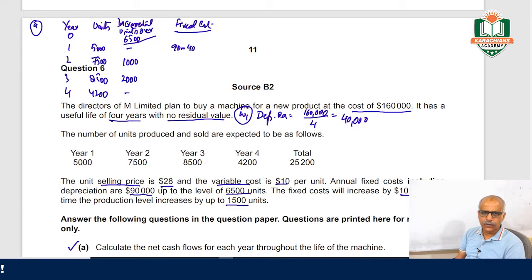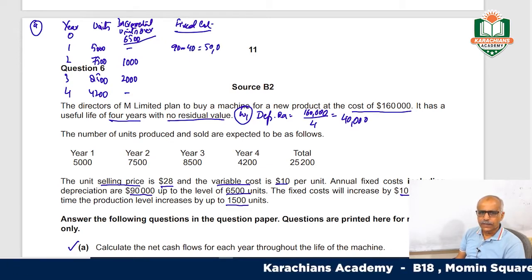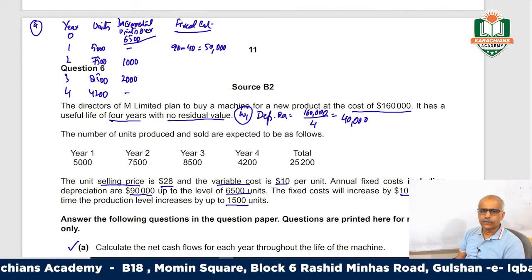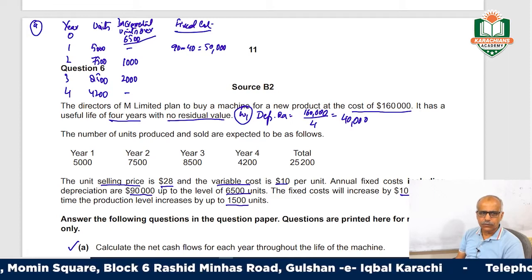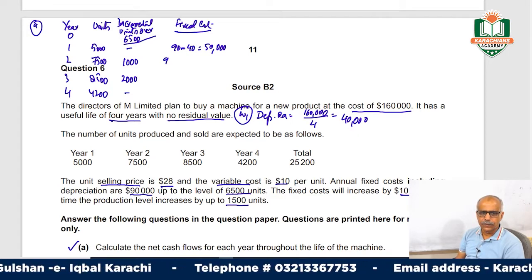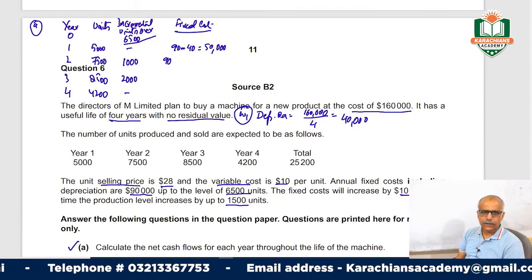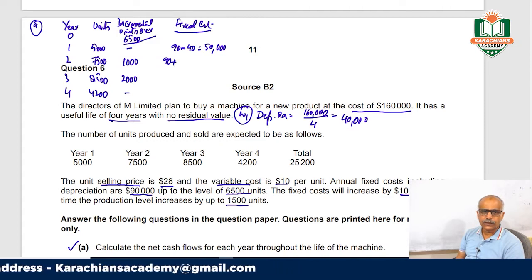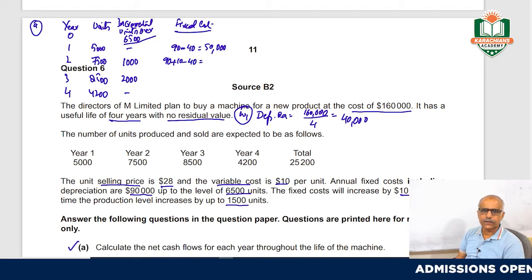You will deduct this 40,000, so the net would be 50,000. In year one, your fixed cost will be 50,000. In year 2, with 7,500 units, till 6,500 it is 90,000, but you have an incremental 1,000 units, so you add 10,000, then minus 40,000 depreciation. So this will be 60,000.